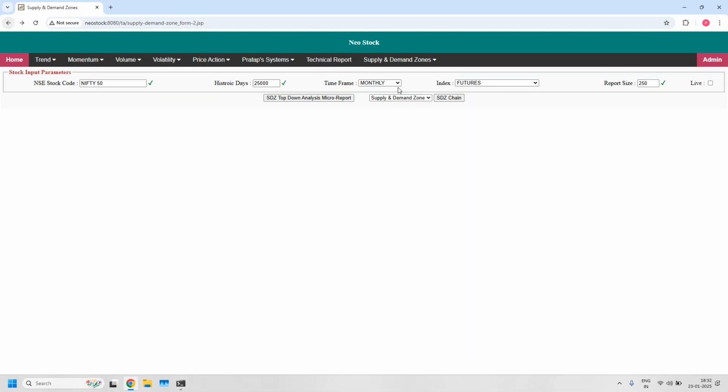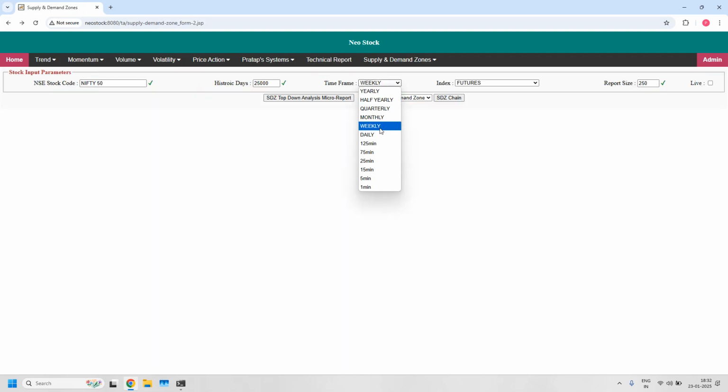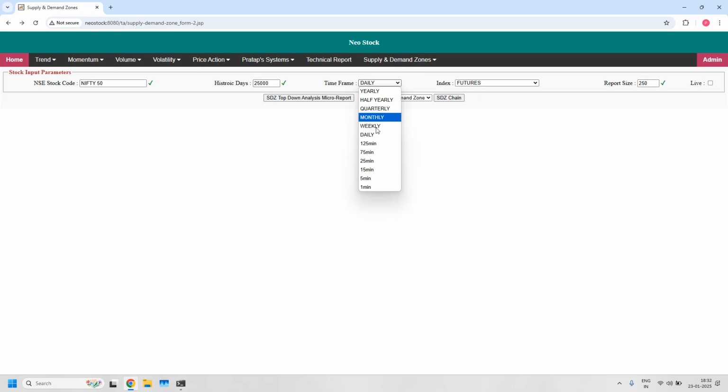Next, generating a weekly supply demand zone chain for NIFTY. Next, generating daily supply demand zone chain for NIFTY. Next, generating 125 minute supply demand zone chain for NIFTY.